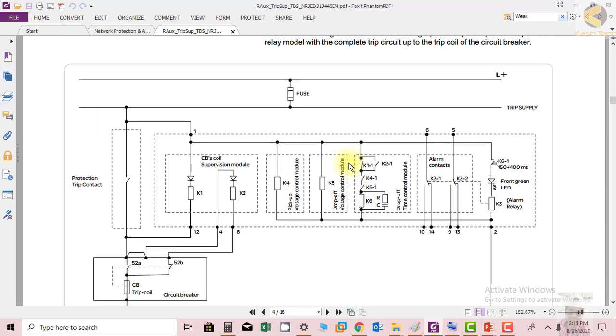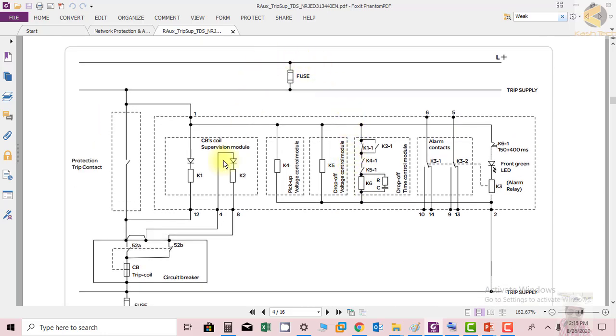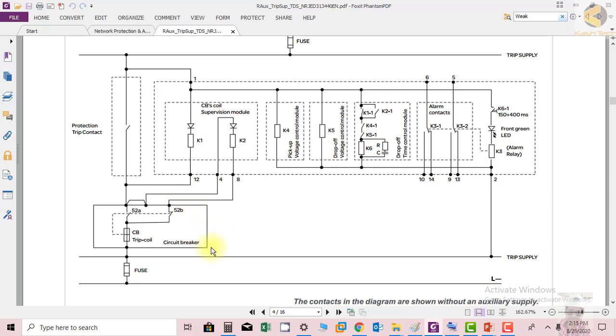Okay, so here you can see this relay has a fuse. This is, for example, the tripping coil and the tripping circuit that needs to be monitored and supervised. So you can see this is the trip circuit supervision relay. It is installed here, and this one here is the protection trip contact.